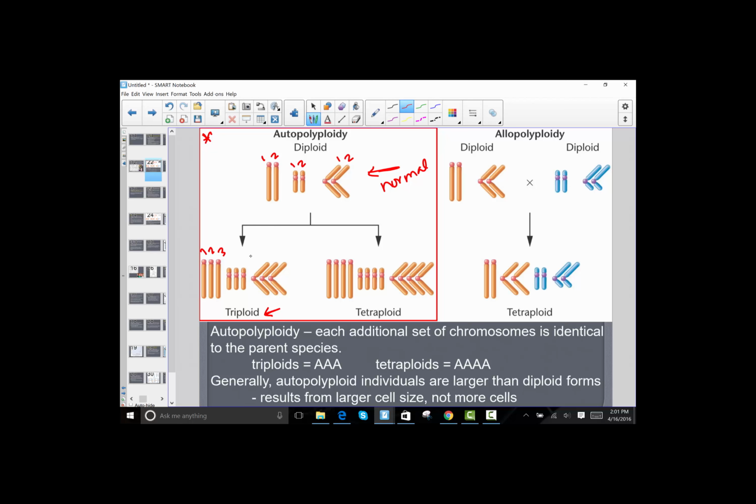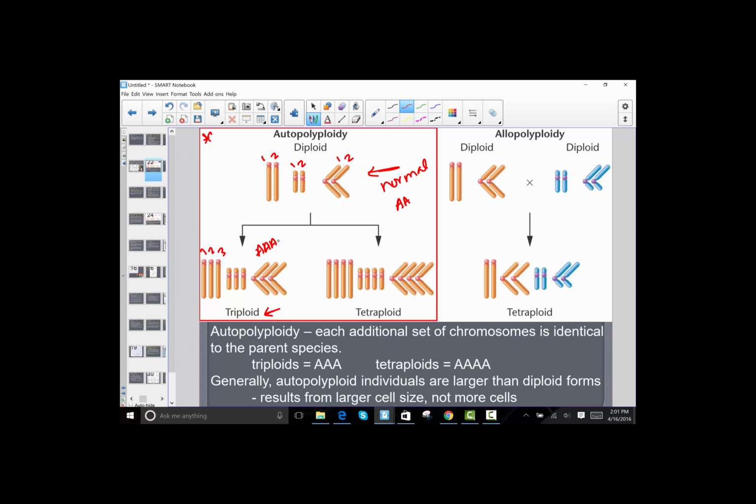And so you've gone from 2 normal sets to 3 normal sets. Each additional set of chromosomes is identical to the parent species. So if 2N is this complement, then this triploid situation is going to be this situation, so that we have a triploid complement there.